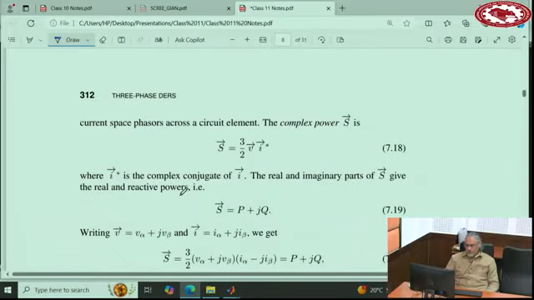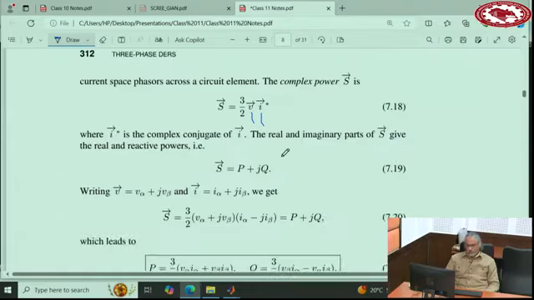So extension of the concept of complex power to three-phase is basically done using space phasors. So it's 3/2 space phasor of V into space phasor of I conjugate. And then this complex power has a real part, which is the real power, and an imaginary part, which is reactive power.